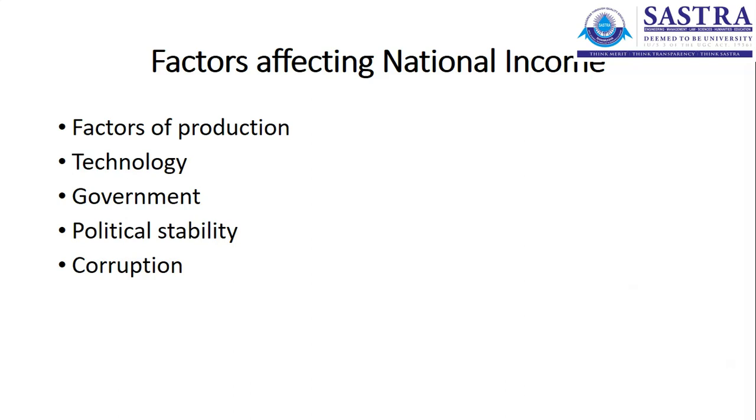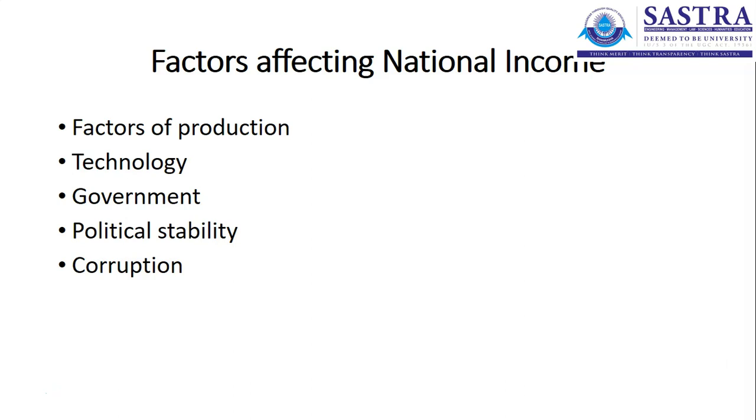The role of government is very important for determining the national income. Whatever policies are formulated by the government will make changes in the national income, whether policies on trade, overall changes in the economy, or credit policy, which directly affect firms, households and the foreign sector. Political stability also plays a vital role.